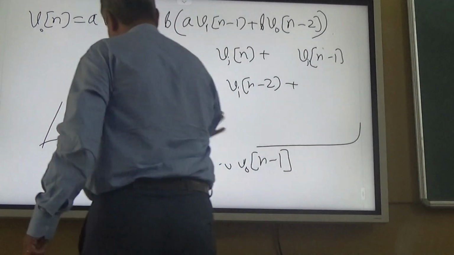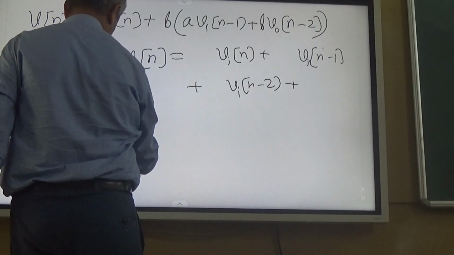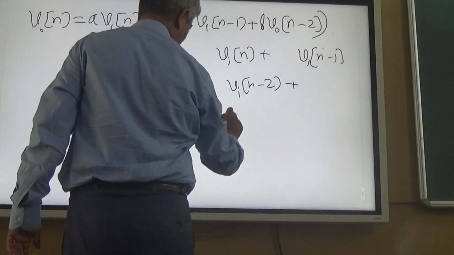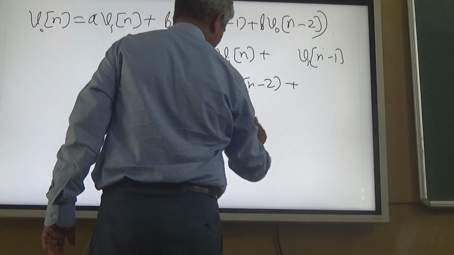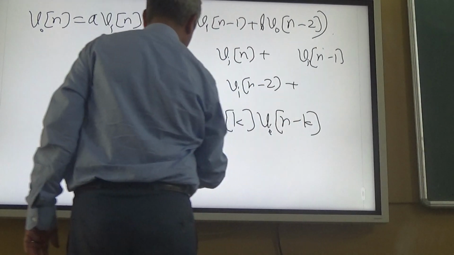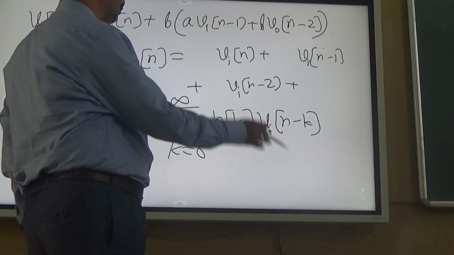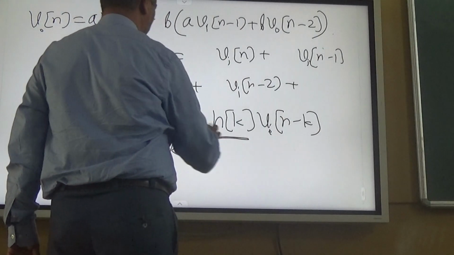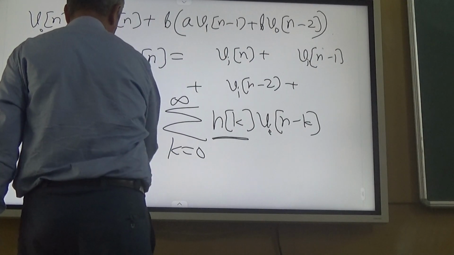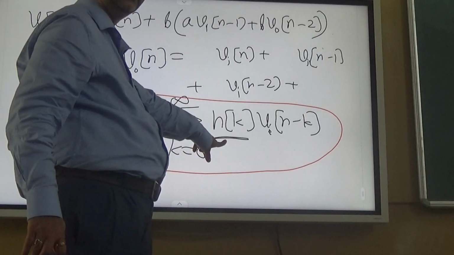So ultimately, and since there is a formulation, you will get summation h of k v of n minus k as k ranges from 0 to infinity. So you should be able to define h of k. So this is the answer which you should arrive at, and find out h of k in terms of A and B.